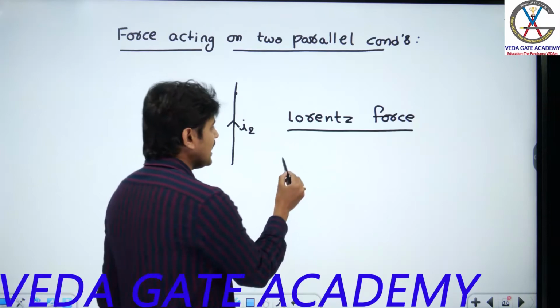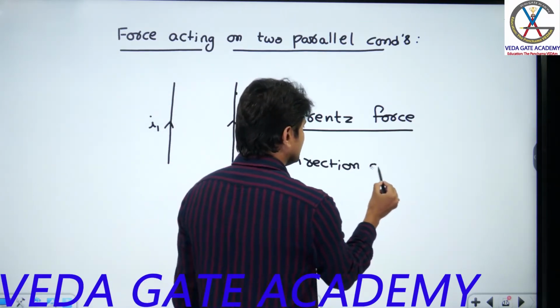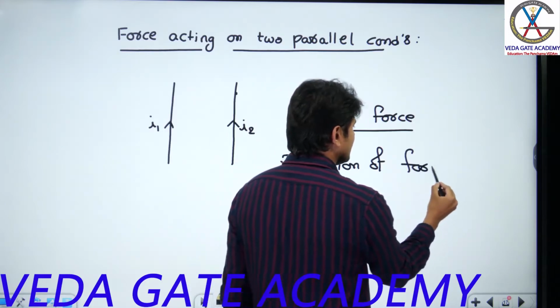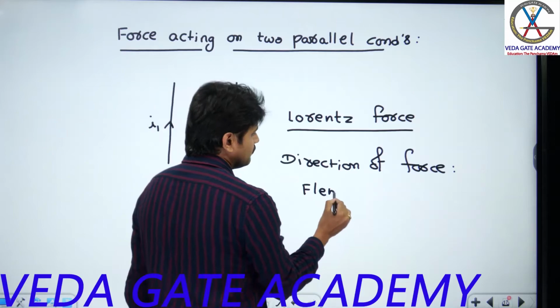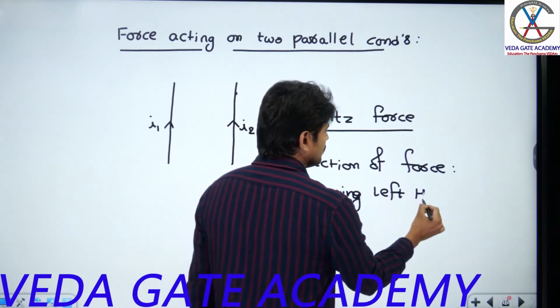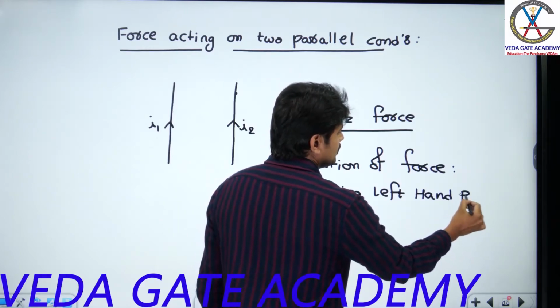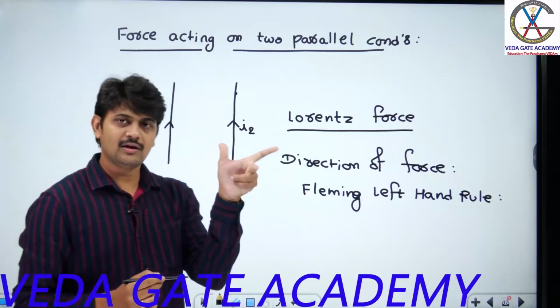To determine the direction of force acting on the conductors, we use Fleming's left hand rule. According to this rule, we need to stretch the first three fingers of our left hand perpendicular to one another in this fashion.